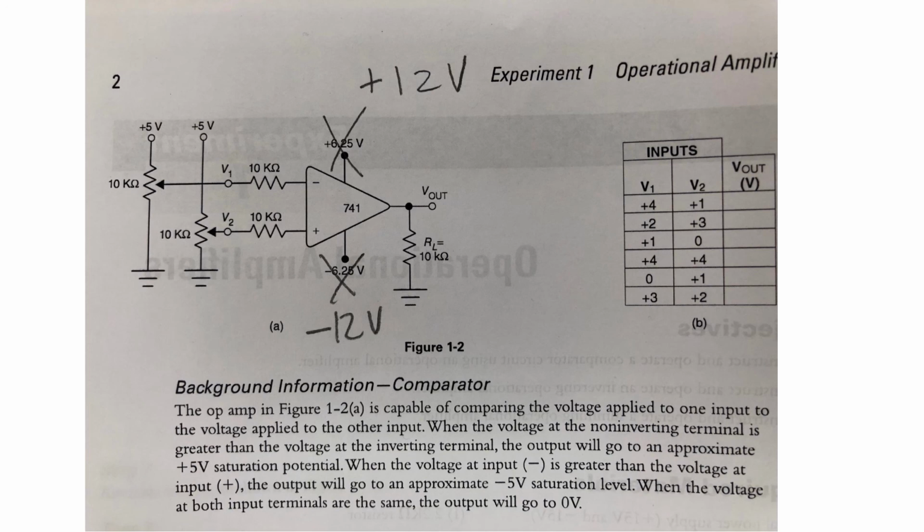And you'll see that the output will try to infinitely amplify the comparison of the two, but it won't be able to. It'll be stopped at a voltage somewhere before it reaches plus or minus 12 volts. And that's what you'll be recording. You'll see that the op amp can't quite reach the plus 12 volts and can't quite reach the minus 12 volts, but it's pretty close, and you're recording those values.